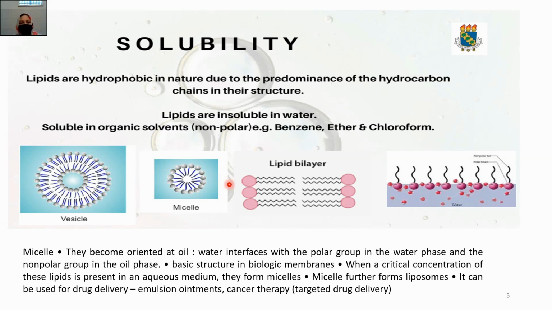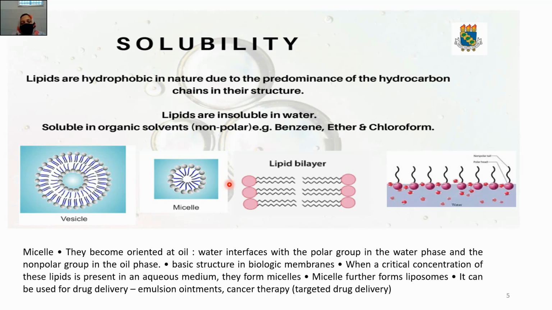Lipids are basically hydrophobic, that is, they are not soluble in water, and mostly they are soluble in organic solvents just because of the presence of carbon, hydrogen, and oxygen in their structure. If we look at the general structure of different lipids, as the number of carbon increases, their solubility decreases.